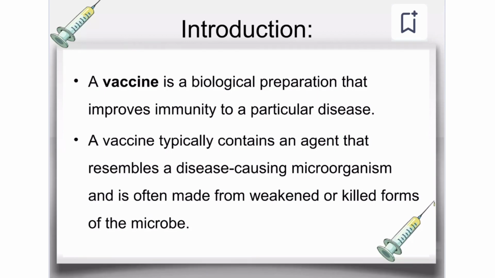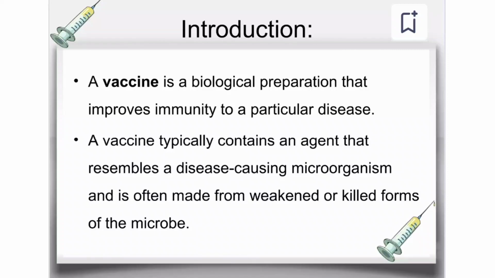A vaccine. A vaccine is a biological preparation that improves immunity to a particular disease. So a vaccine, you are preparing it biologically. Why are you preparing this vaccine? In order to improve the immunity for a particular disease. The vaccine typically contains an agent that resembles a disease-causing organism.